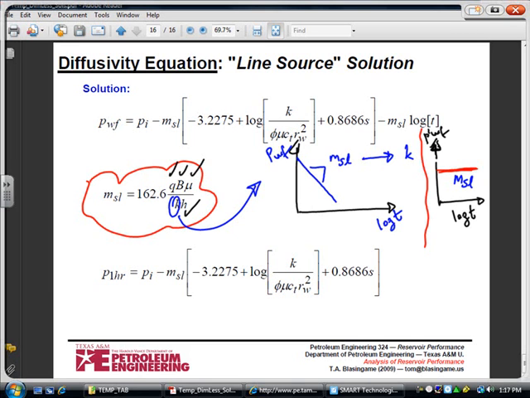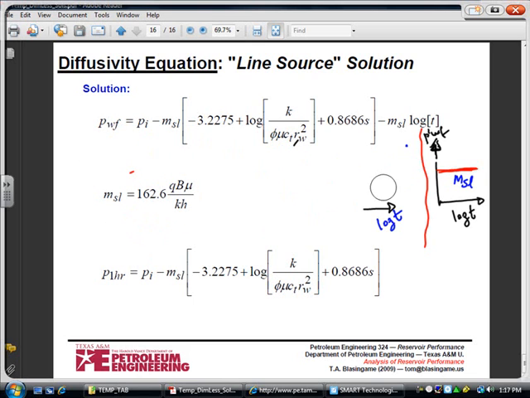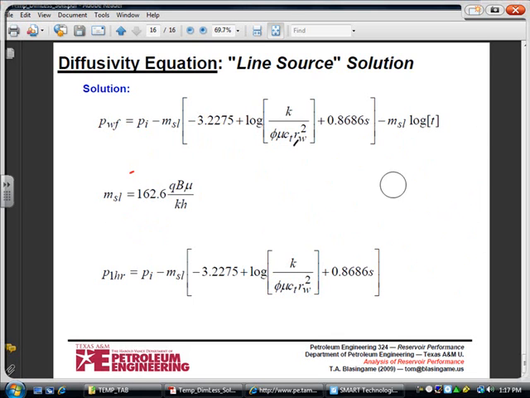Okay, the other thing is, so what if t goes to 1? So this term is 0, right?